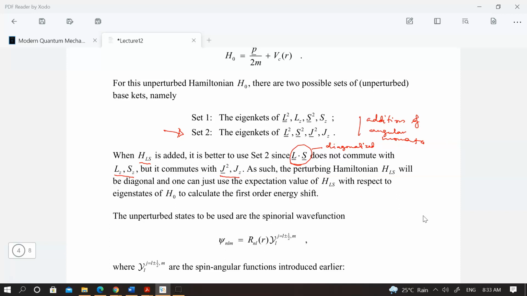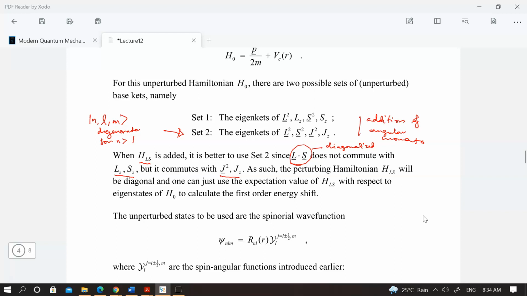Once it's diagonalized, you have to remember that your n, l, m states are your original states. Of course, you can include your spin there, but these are degenerate for n greater than 1, and that degeneracy will make things a bit more complicated.